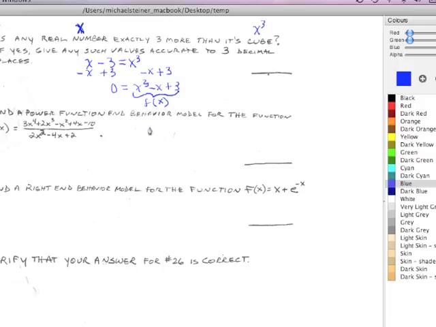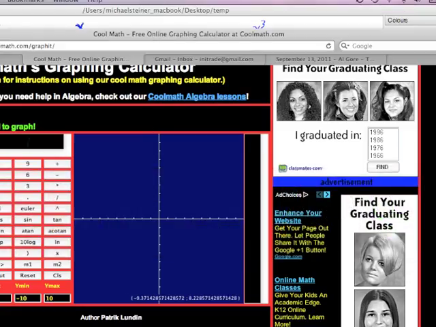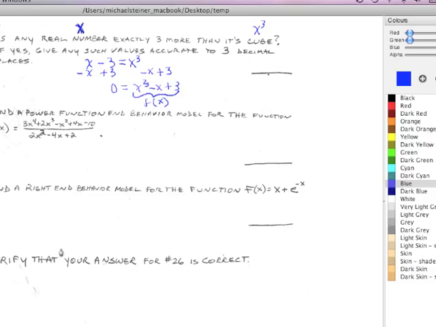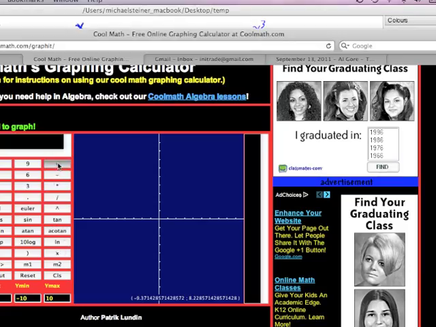So X cubed minus X plus 3, I have this graphing calculator here. Let's see, X cubed minus X, what did I say, plus 3.